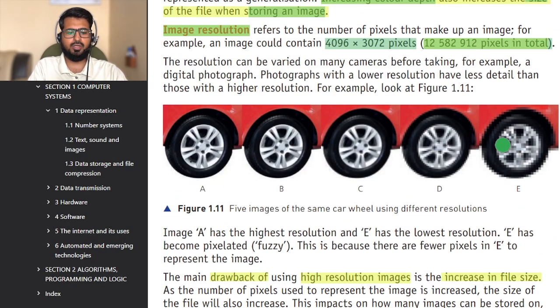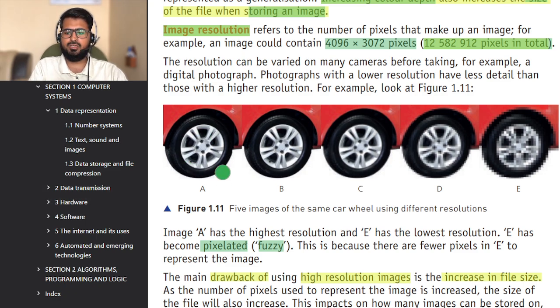Your book is also giving you the example of the low pixel, low resolution image, and the high resolution image which may be captured with a DSLR or your iPhone. So when the image is very blurry and very pixelated, we will say the pixels are crashing, or your book is using the keyword fuzzy, right? The image is fuzzy, or it's pixelated, or the pixels are crashing, right?